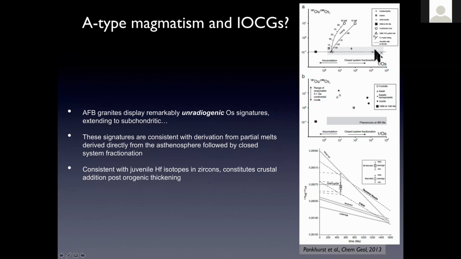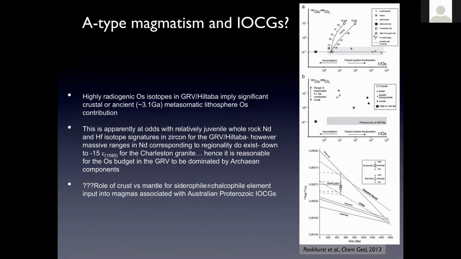Instead, they look like they've just fractionated out of partial melts. This is a 10% partial melt of the DMM, and they've just fractionated straight out to form felsic rocks. They haven't interacted or mixed with anything, and hence they're very, very unradiogenic. That's consistent with them being directly derived from the asthenosphere with closed system fractionation. And that's consistent with hafnium isotopes in zircons, which have crystallized out of these granites as well, so that they were new material entering the crust post-orogenic thickening.